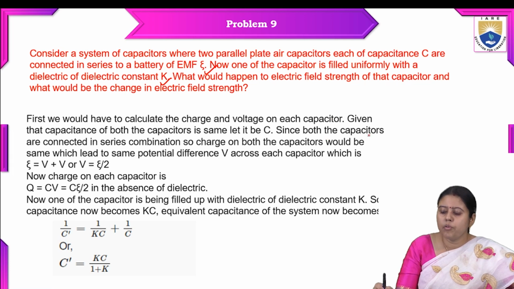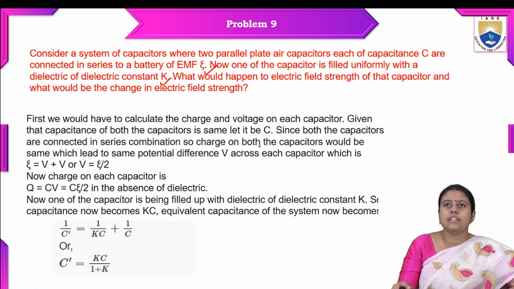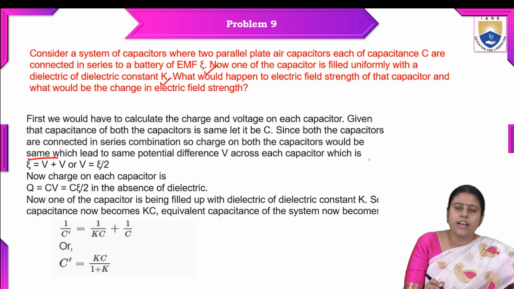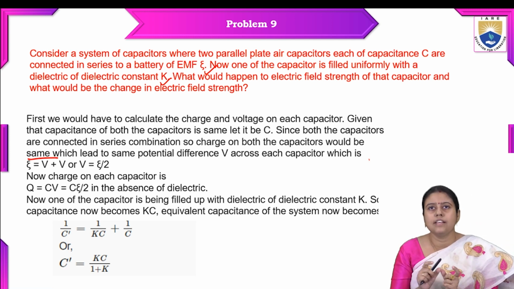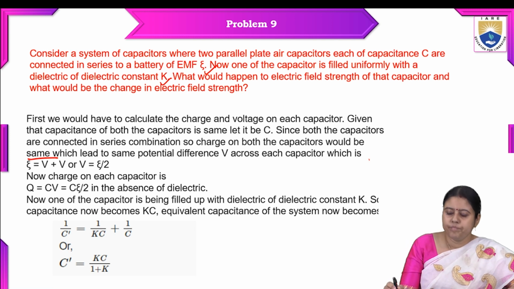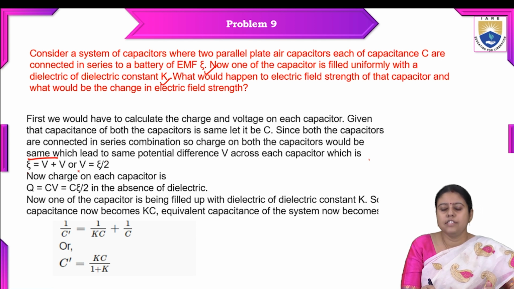Since both capacitors are connected in series, the charge on both capacitors would be the same. As we told you before also, if capacitors are connected in series, charge will be the same. So the voltage Xi is equal to this voltage plus this voltage.